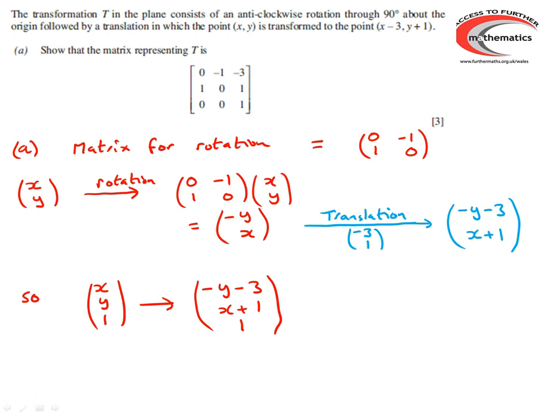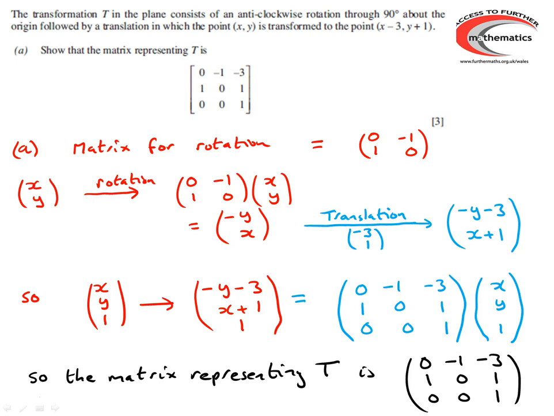If we're using a 3 by 3 matrix, we're going to have to say the column vector (x, y, 1) becomes the column vector (-y - 3, x + 1, 1), which we can write as a matrix multiplication of the matrix with first column 0, 1, 0, second column -1, 0, 0, third column -3, 1, 1, times (x, y, 1).